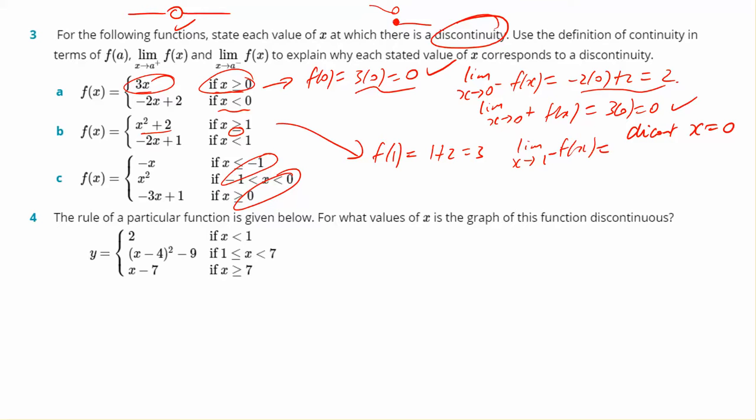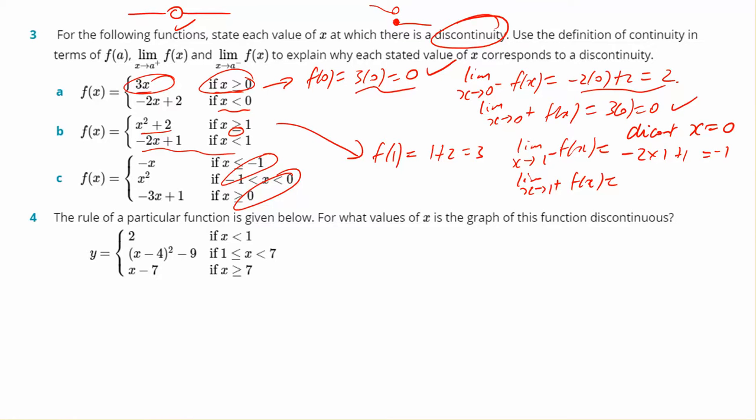From the left, we're looking at this equation here, -2 times 1 plus 1, that equals -1. And from the right, the limit as x approaches 1 from the right-hand side, I'm using this equation here. Sub that in: 1 plus 2 equals 3.